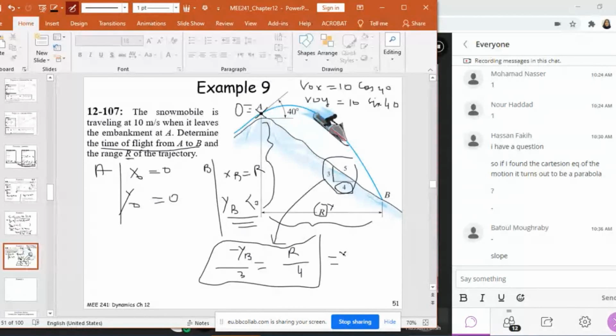And this is the key to solve this problem. Because in fact, guys, I have related two coordinates. And I know the equation of yb in terms of time, as well as the equation of xb in terms of time. So if I relate these two variables, I can find out what is the time t. So let's do it, guys.